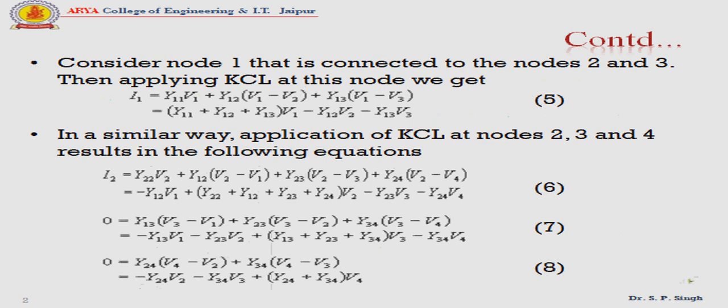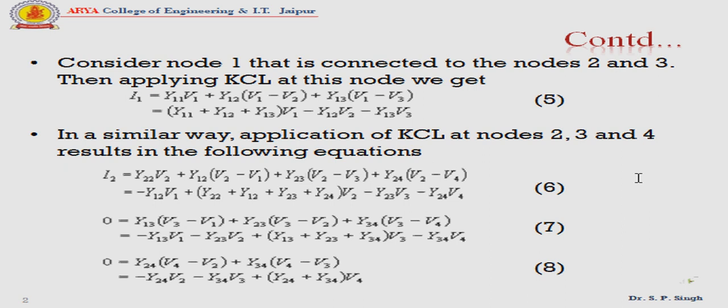Consider node 1 that is connected to the nodes 2 and 3. Then applying KCL at this node, we get the equation 5 for the I1. In similar way, application of KCL at nodes 2, 3, 4 results in the following equation numbers 6, 7 and 8.